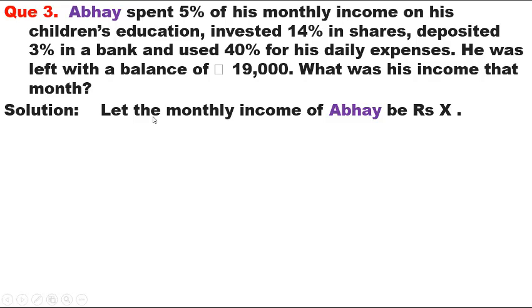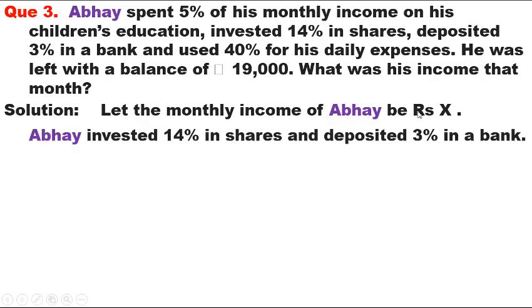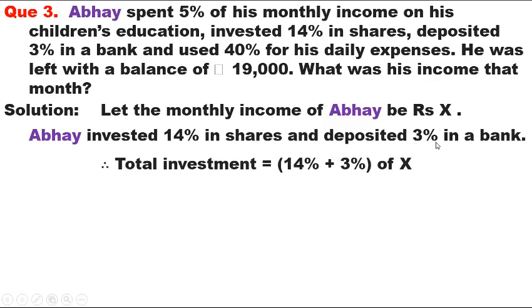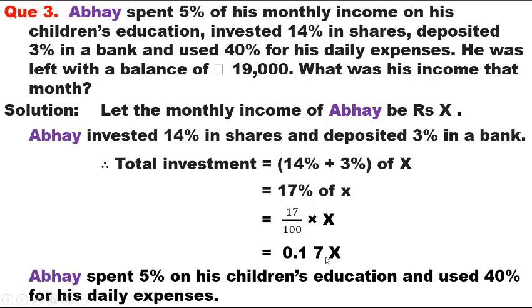Solution. Let the monthly income of Abhay be rupees X. Abhay invested 14% in shares and deposited 3% in the bank. Therefore, total investment is equal to 14% plus 3% of X, equal to 17% of X, which is 17 upon 100 into X, equal to 0.17X.